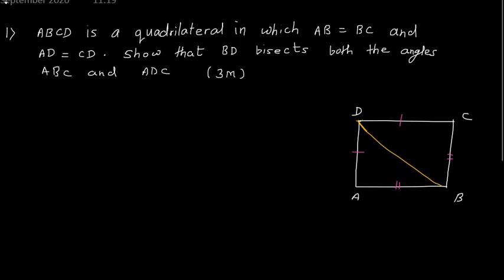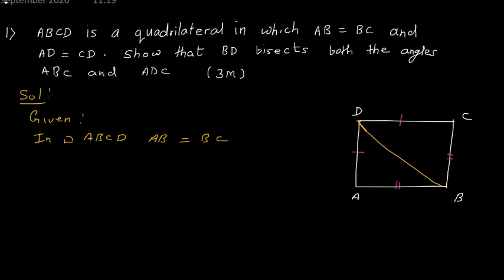So in solution you will write given. So given, you will say that in quadrilateral ABCD, AB equal to BC and AD equal to CD. This is given.